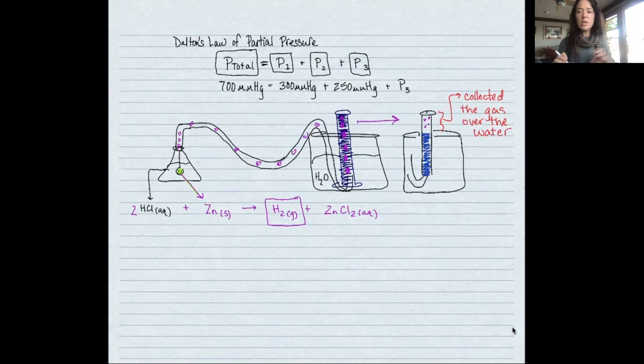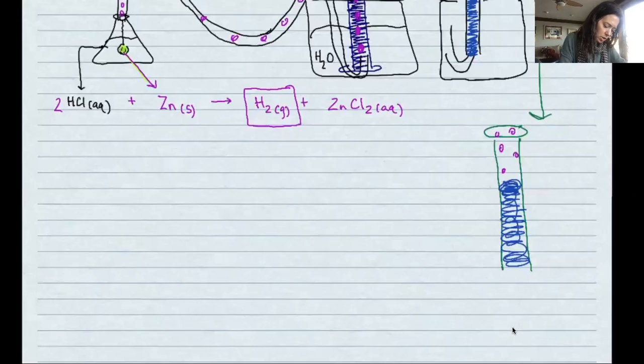Well, now I need you to think about something. If we were to look more closely, so let's take a macroscopic look at what's going on in this inverted cylinder, which has some water here. And it's got our hydrogen gas particles floating around. Well, what is some of this water going to do?